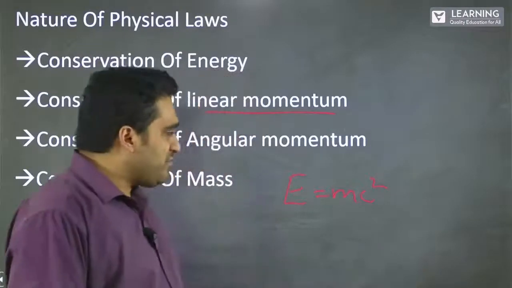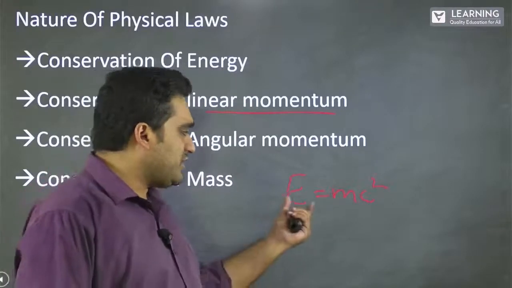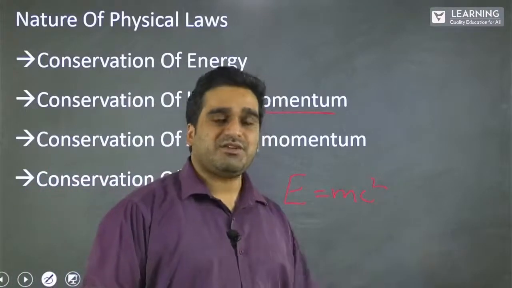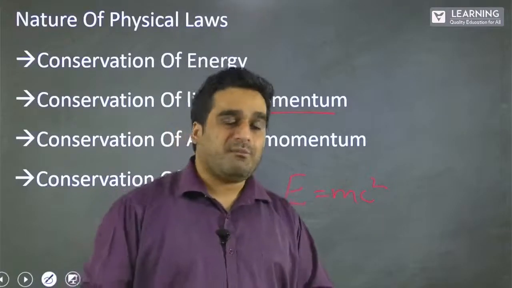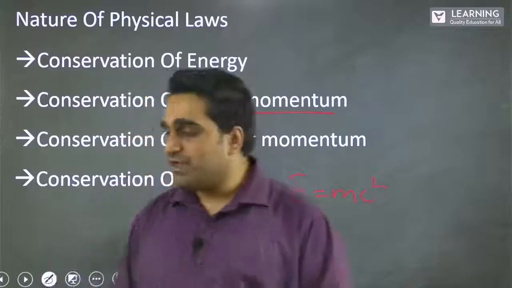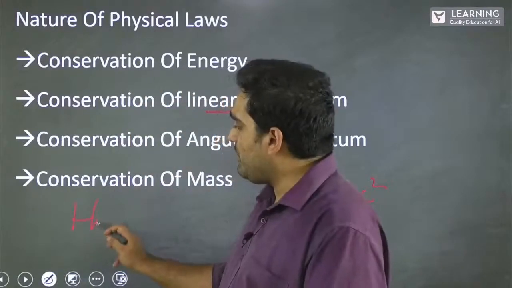There are a couple of experiments where a given energy can also be converted into mass, especially in a hydrogen bubble chamber experiment. Maybe you can have a look at it.